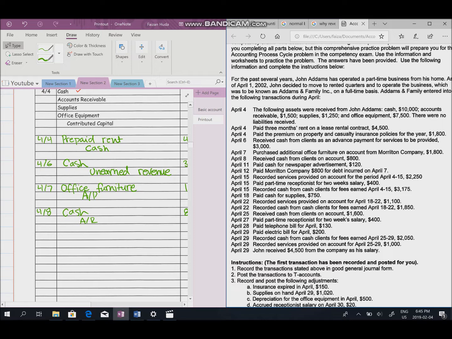On April 11th, we paid cash for newspaper advertisement. Keywords here are paying cash and newspaper advertisement. Usually when big companies pay for advertisement, this is basically an expense. The account for this would be advertisement expense.